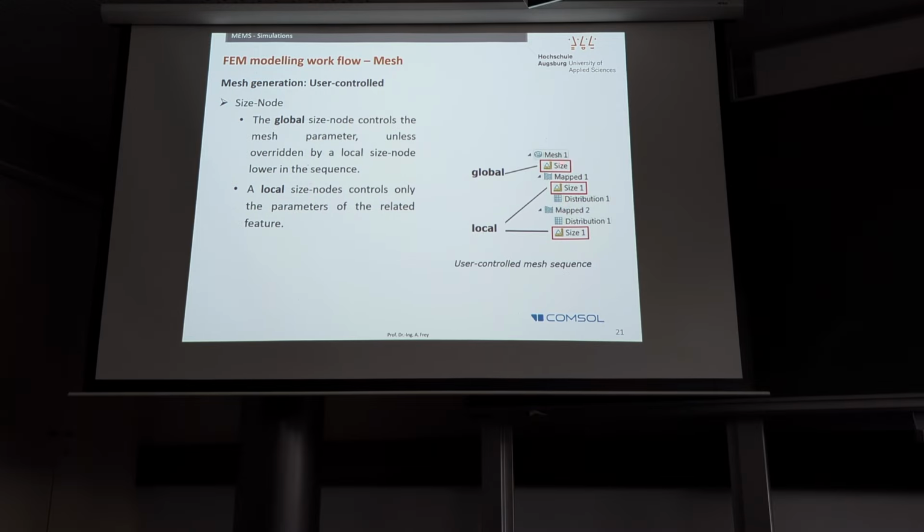And then when you build up your mesh sequence with certain things, here's a mapped mesh, whatever that is in detail, you can have, again, mesh nodes controlling the size of that mapped mesh. It has the same occurrence here, it looks the same, but these lower size nodes are so-called local size nodes because they only act on the local object, in that case the mapped mesh.